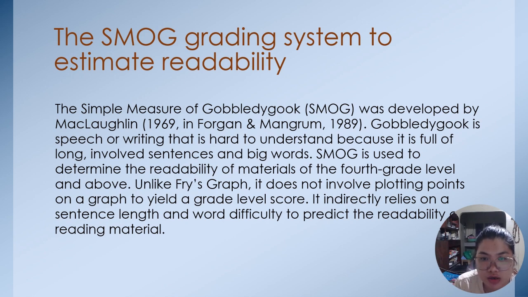Gobbledygook is speech or writing that is hard to understand because it is full of long, involved sentences and big words. SMOG is used to determine the readability of materials of the fourth grade level and above. Unlike Fry's graph, it does not involve plotting points on a graph to yield a grade level score. It indirectly relies on sentence length and word difficulty to predict the readability of reading material.